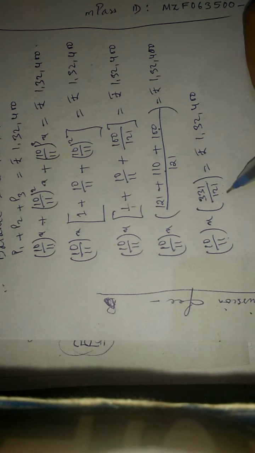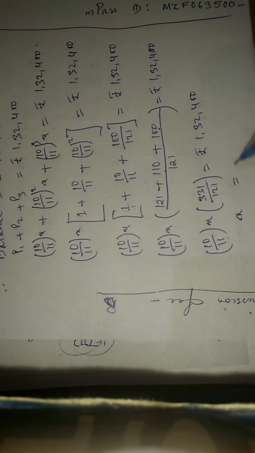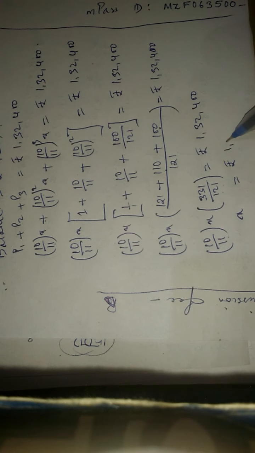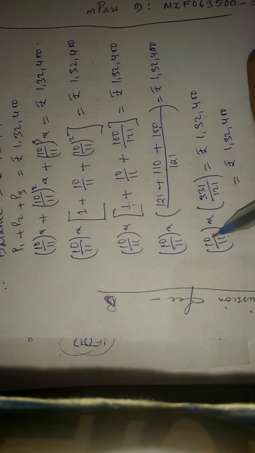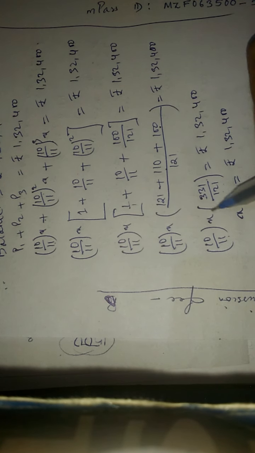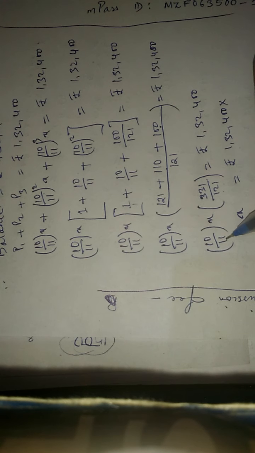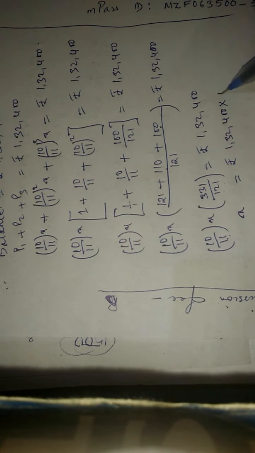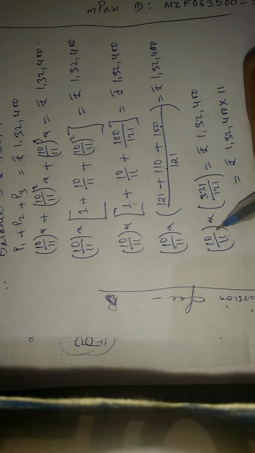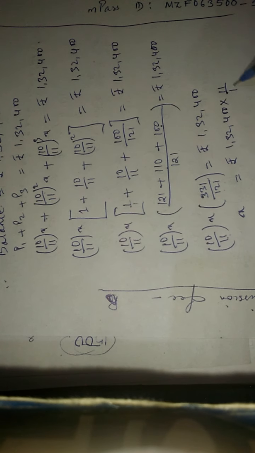Again, to get the x value, we shift the fractions 10 by 11 and 331 by 121 to the right side of the equal sign. Since they are multiplying, the denominator will go up and the numerator will become the denominator.